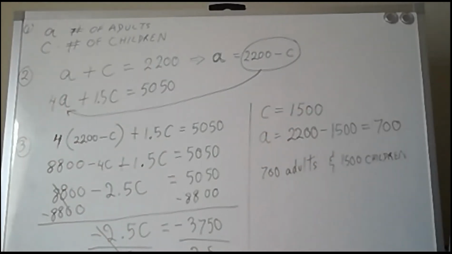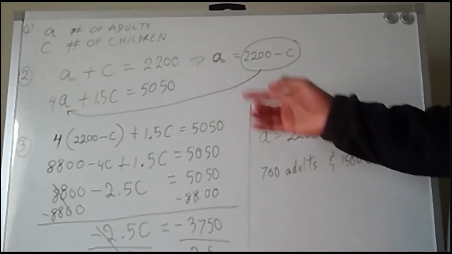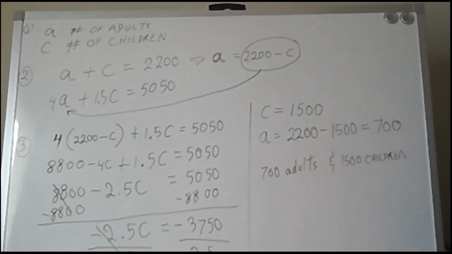So to find the number of adults, we just need to subtract 1,500 from 2,200 and we get 700 adults. And we're done. The problem is complete. So to solve these kinds of problems, you have to follow this three-step process, okay?